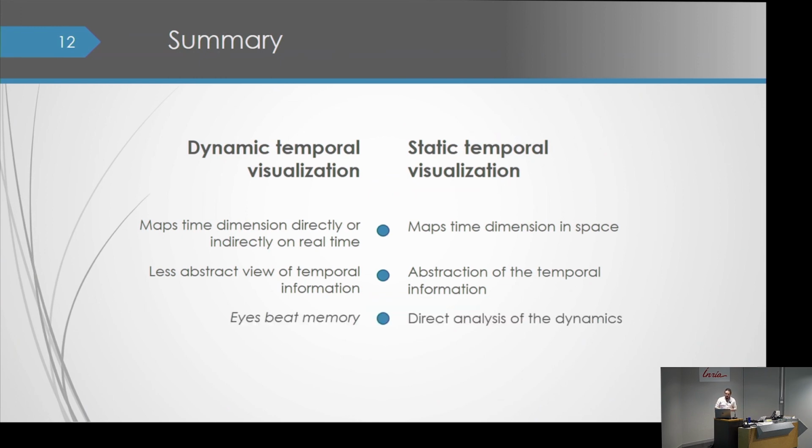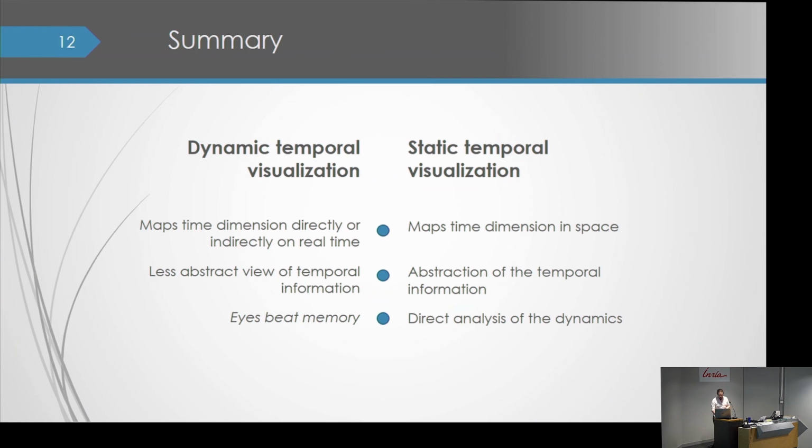But static visualization gives the whole temporal information in order to have direct access to the information and perform a direct analysis. Since our approach relies on immersive technology, we have increased spatial understanding and a larger workspace. As such, we got more interested in static temporal visualization.